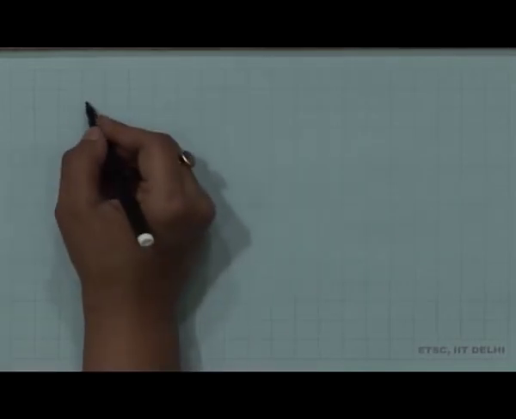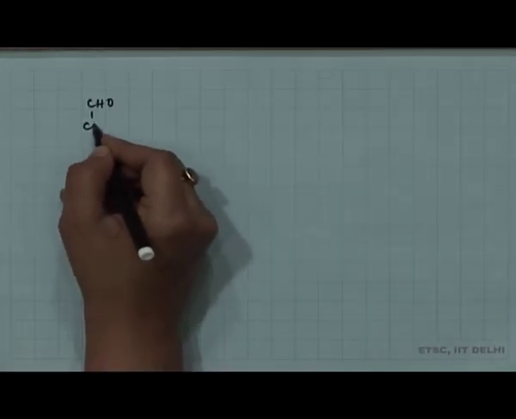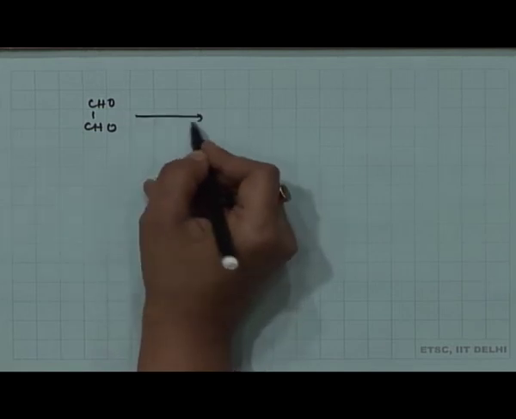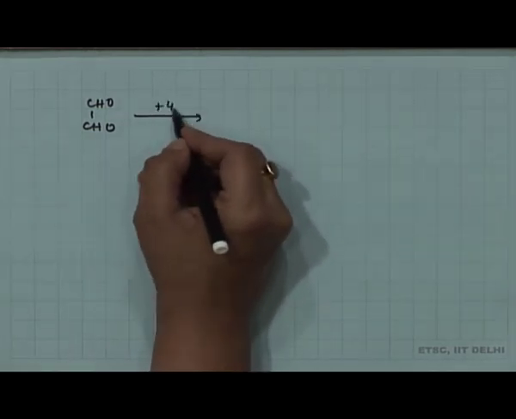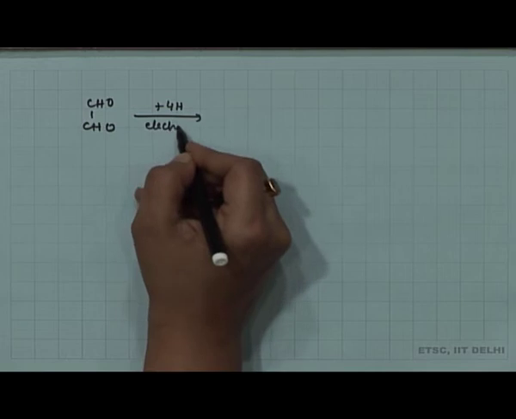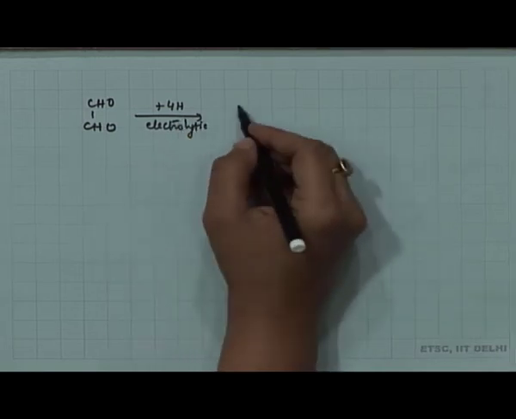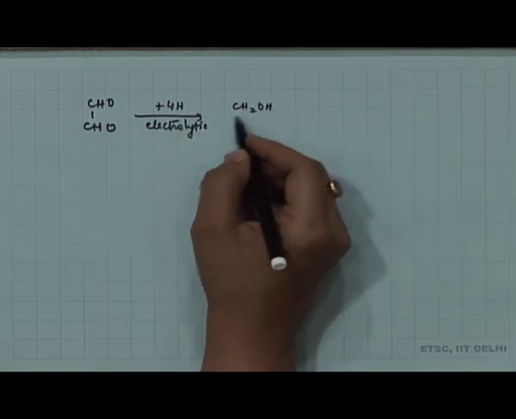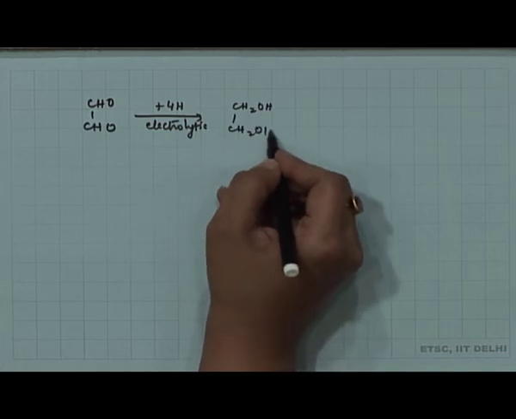If you start from glyoxal, which is the dialdehyde, you carry out electrolytic reduction and you get the diol.